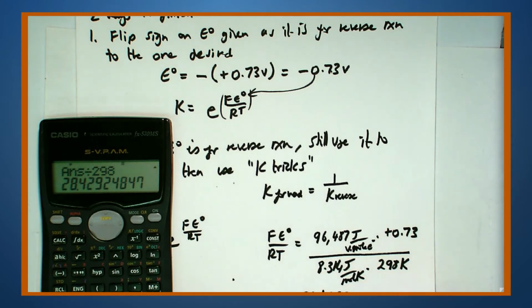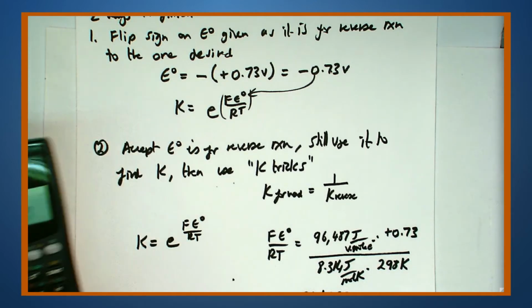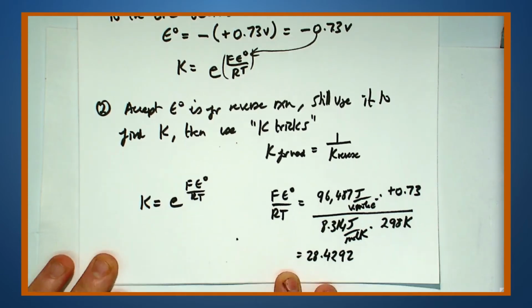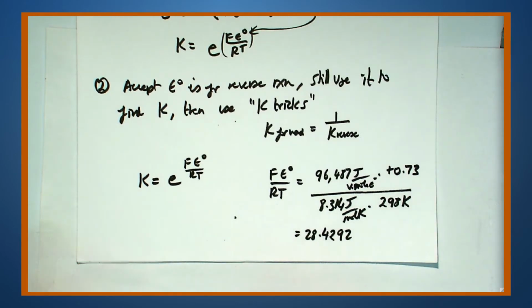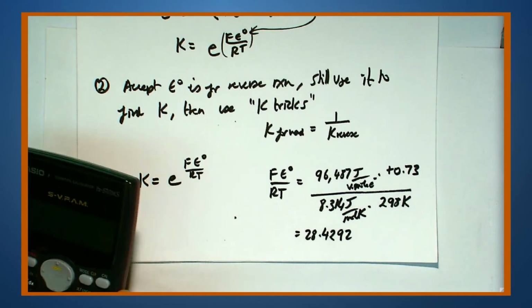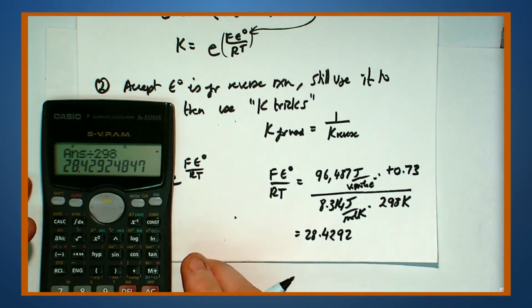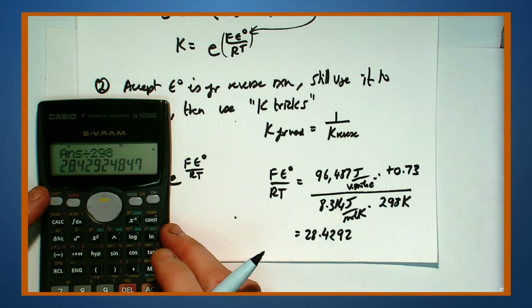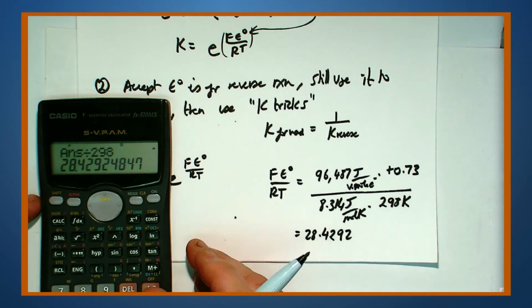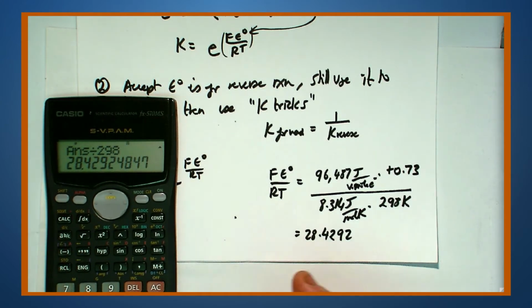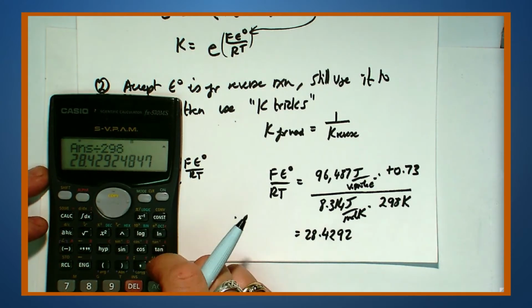Let's grab another digit. Lots of digits is good. Six is a very good idea on Quest. All right, so we've got that number, and now we just need to do e to the power of that. Okay, so let's get our e. This is where, originally, those of you who've jumped in and done this, you probably got to this point. Okay, so now let's do e to the power of that.